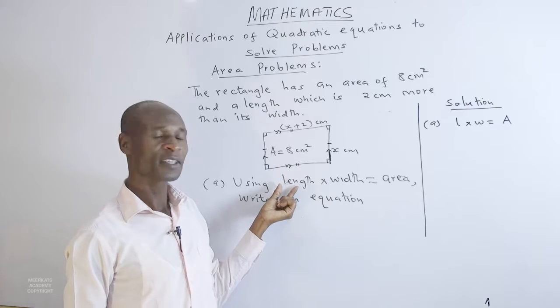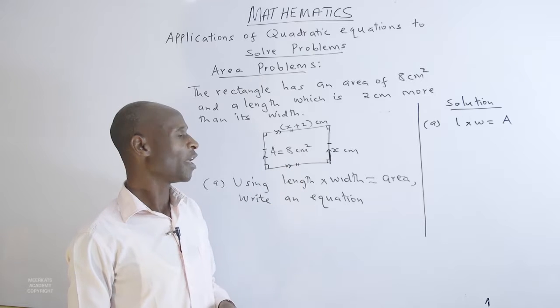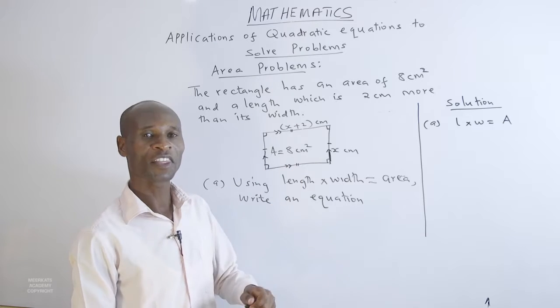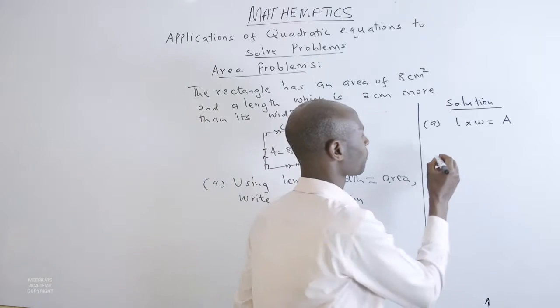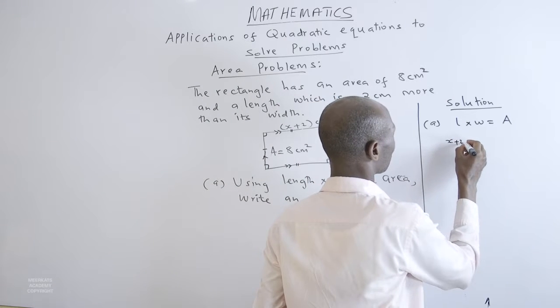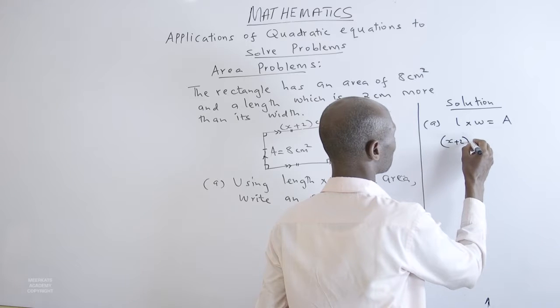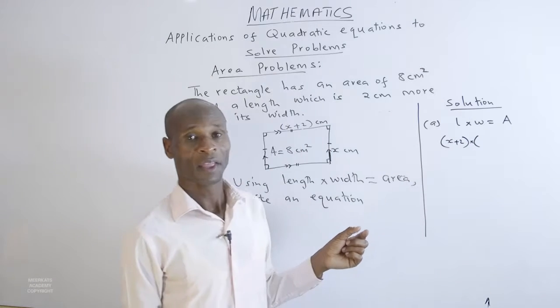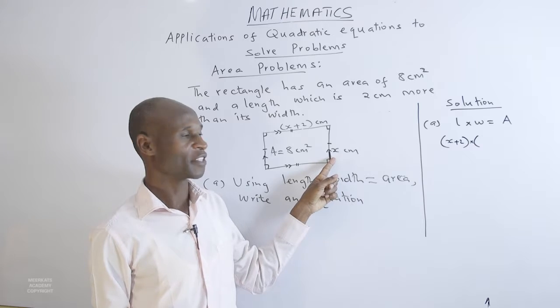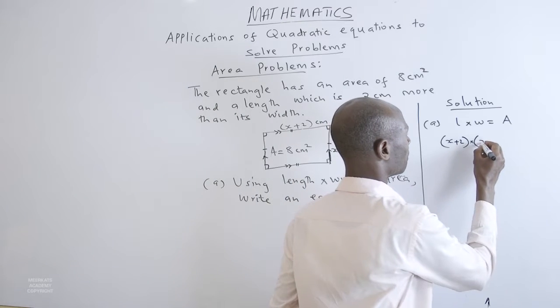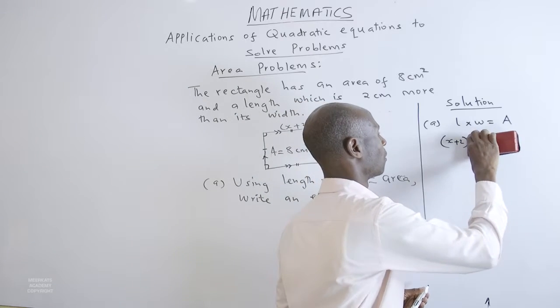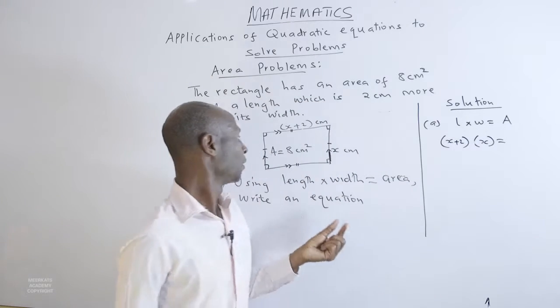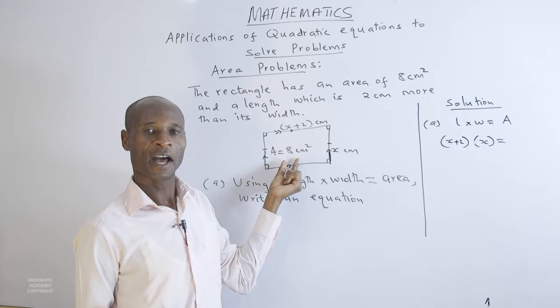In our case, we can substitute the dimension for length, which is x plus 2, then the dimension for width is x, then the value for area is 8.